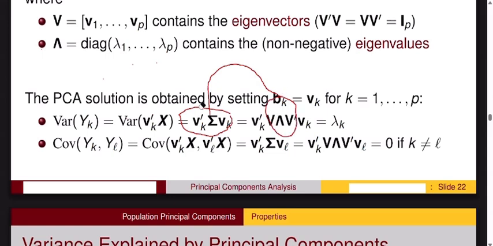When I bring that in and simplify, that will give you the eigenvalue. And the correlation between two different principal components should be expected to be zero because they have to be uncorrelated. That's what I mean.